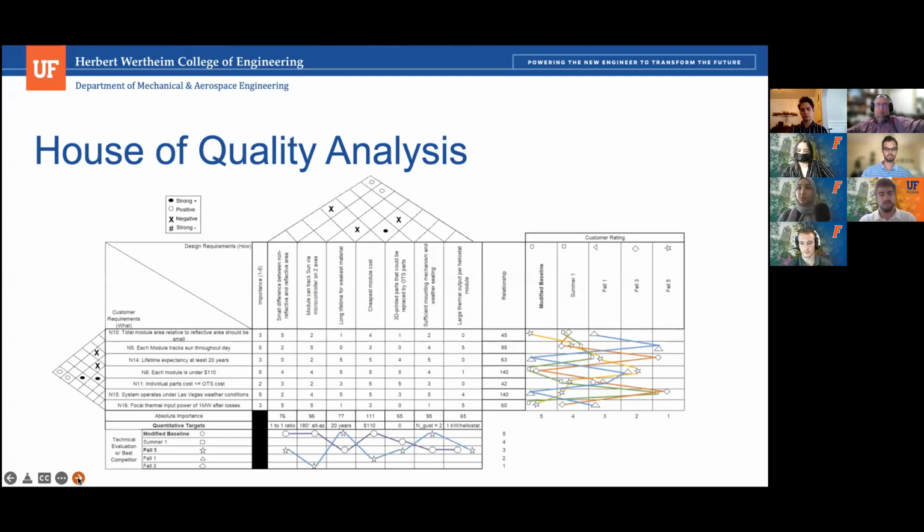So first thing I'd like to jump into is our house of quality analysis. We picked from a list of customer requirements, which is what the heliostat needed to do, and we picked 7 of what we thought were the most important, and that's what you can see on the left-hand side. In the upper part of the house of quality are our design requirements, and what those do is we come up with a list of design requirements that help us achieve those customer needs.